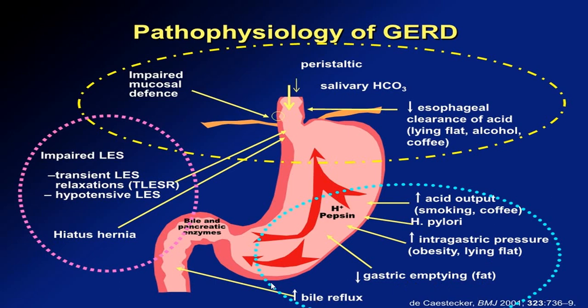If there is bile reflux from the duodenum into the gastric content, and impaired lower esophageal sphincter, transient lower esophageal sphincter relaxation, the pressure in the lower esophageal sphincter is reduced either because of drugs or because of other pathological conditions, even hiatus hernia, etc. will predispose to GERD.